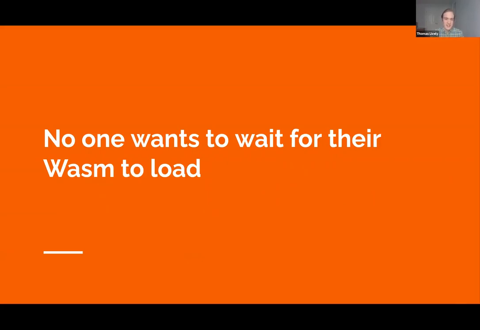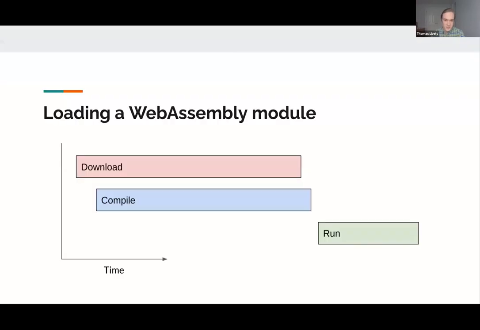No one wants to wait for the WASM to load, right? That's not the useful part of WebAssembly, waiting for it to load, so we want to minimize that as much as possible. So when you load a WebAssembly module, on the web at least, you have to download it first. And WebAssembly is designed in a way so that as you download it, it can be compiled in a streaming fashion.